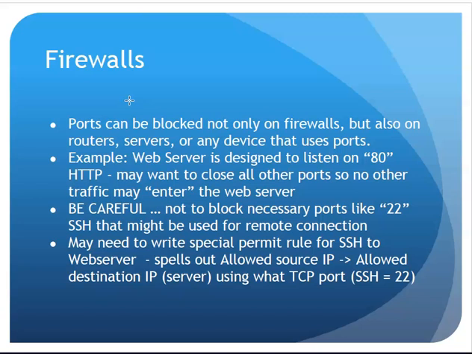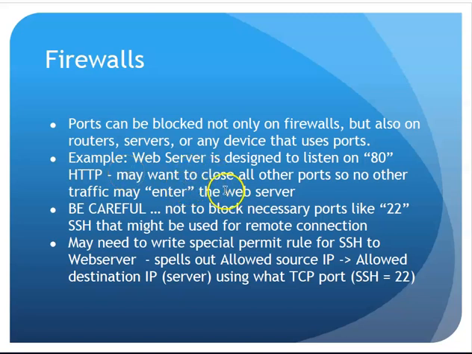Ports can be blocked not only on firewalls but also on routers, servers, and other devices. Okay, we did routers already, but we could do a certain blocking of certain ports and so forth on a router. It can also be done on a firewall, and in many cases can also be done on nodes or web servers. So web servers are designed to listen to 80 for HTTP. You might want to close the other ports so they may not enter.